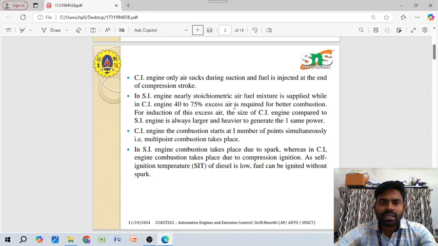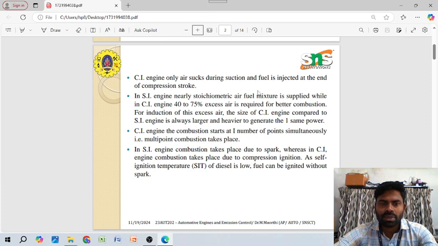This is entirely different from the spark ignition engine, where the air-fuel mixture is mixed externally with the help of the carburetor, and during the suction stroke the air-fuel mixture, in the proper ratio, gets into the combustion chamber. But in the CI engine, during the suction stroke only atmospheric air gets into the combustion chamber.